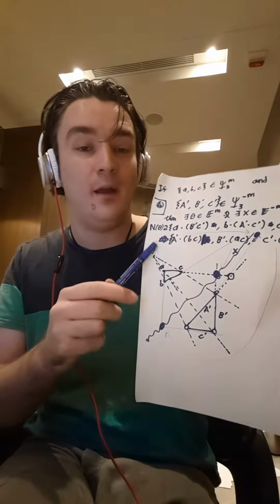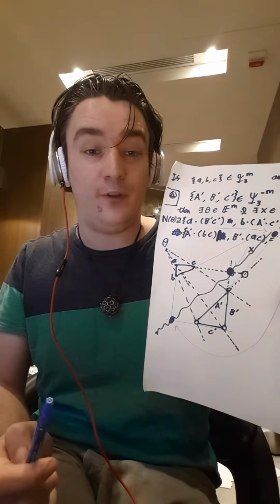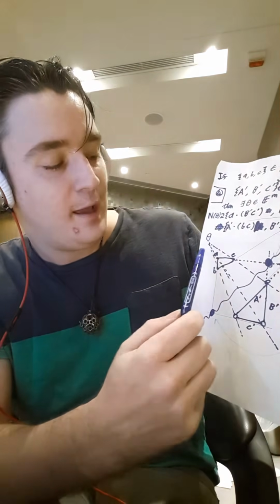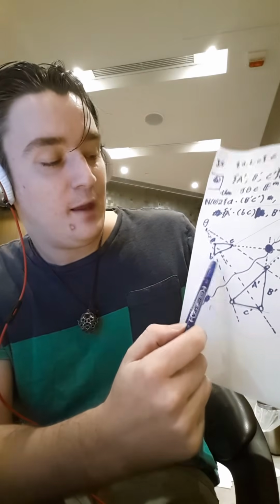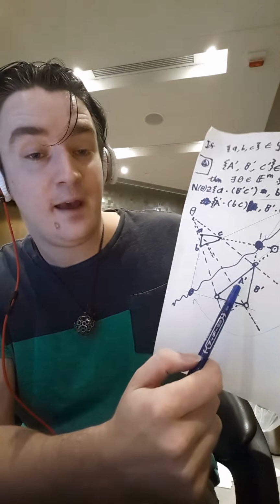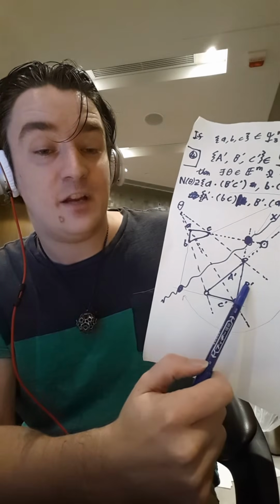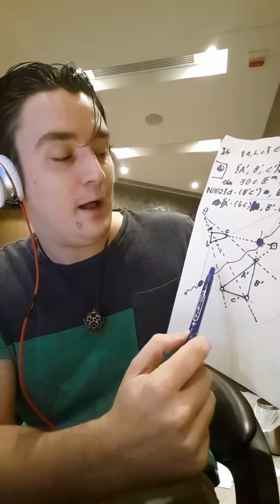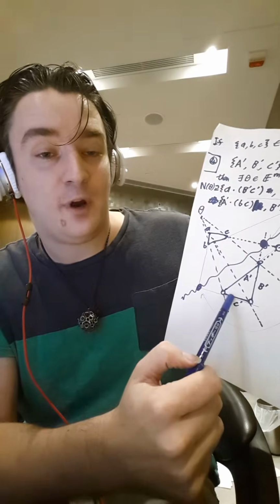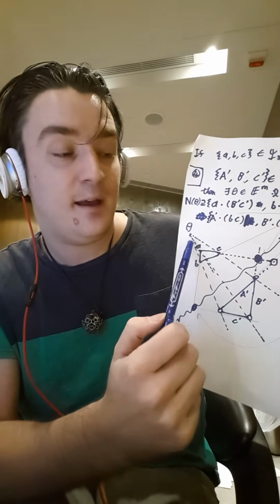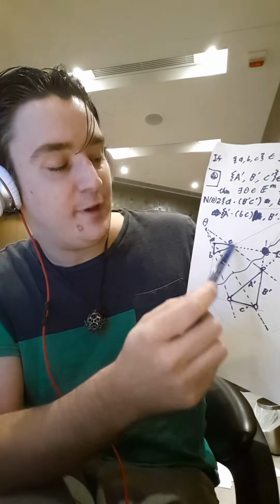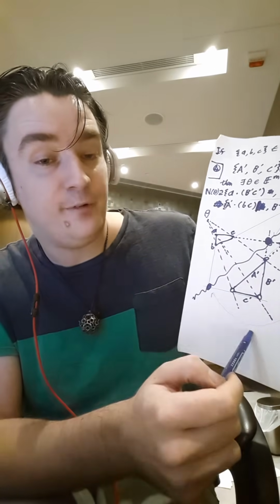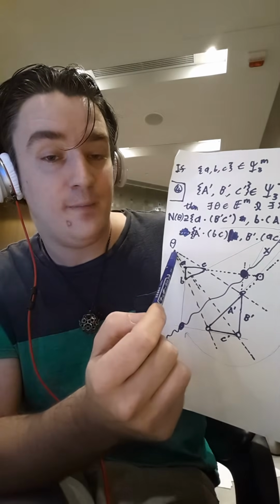So here we go. Firstly, let me recap what Desargues' theorem says. It says that if you've got a triangle like this one here with vertices A, B and C, and you've got another triangle like this one here with edges A dash, B dash and C dash, and those 2 triangles are perspective from a point theta, in the sense that if we draw rays through corresponding vertices that go through theta, then they all meet at this point theta.